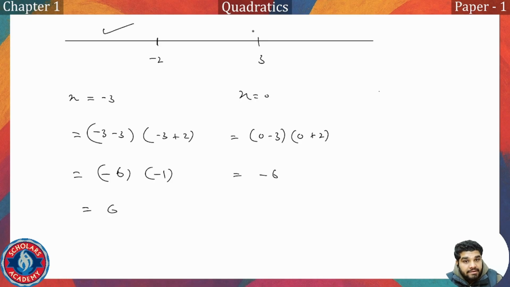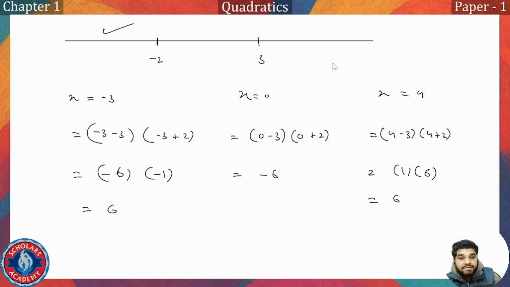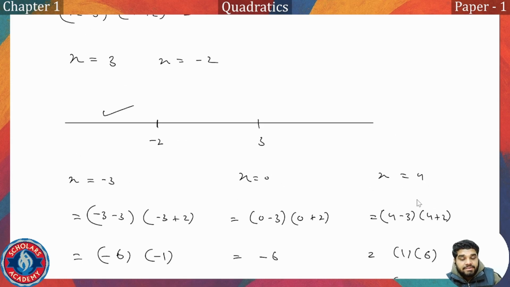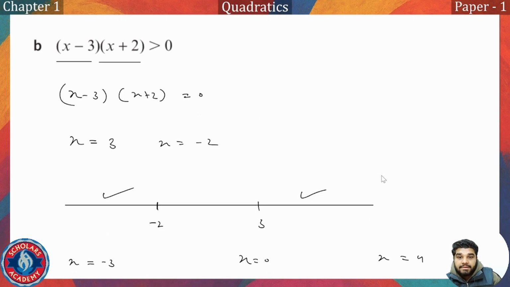If I take x greater than 3, let's take x equal to 4. If I substitute this, (4 - 3) times (4 + 2), what I get is 1 times 6, so I get 6, right? So this is actually greater than 0. So the interval x greater than 3 is also our desired result.